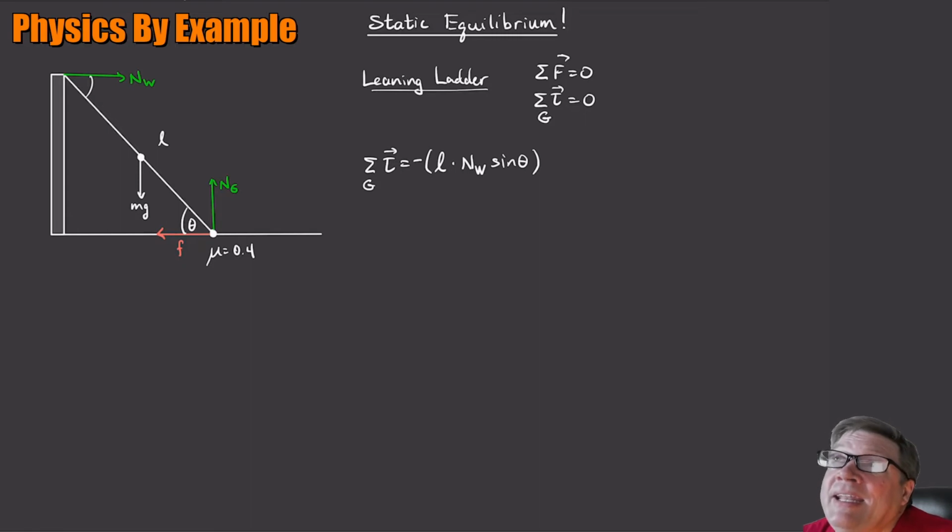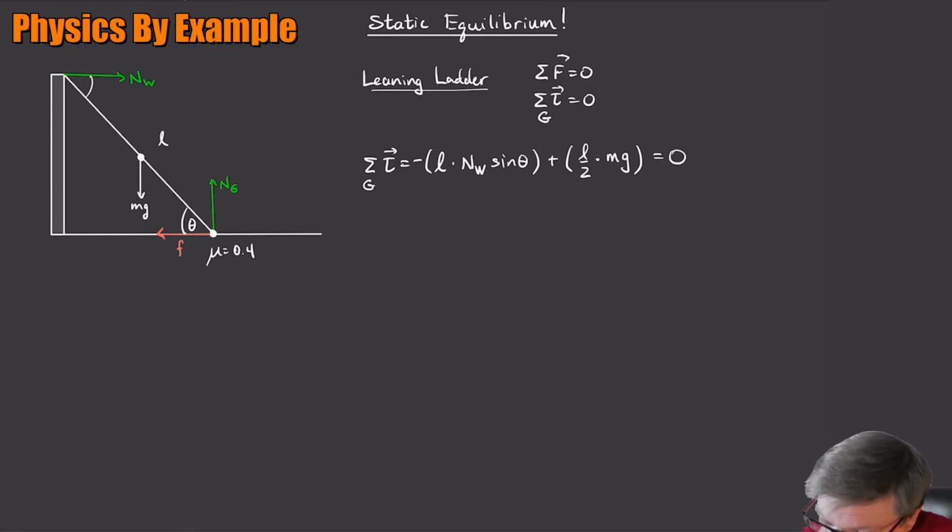Okay, and then mg, the weight of the ladder about the ground, is going to try to make this thing spin counterclockwise about the point. So that's going to be a plus. The center of mass is L over 2 times mg. And this is going to be equal to 0.